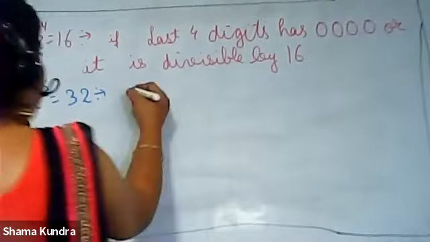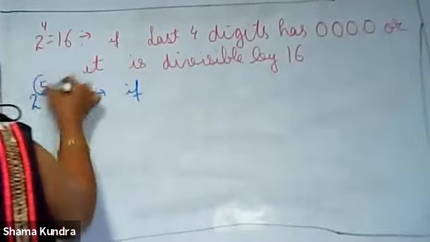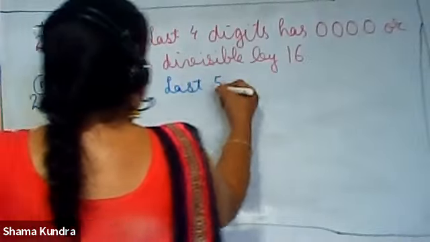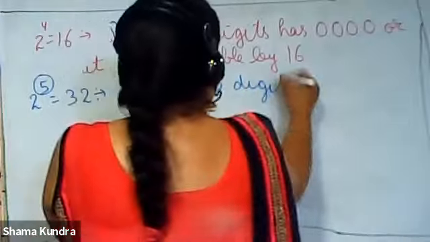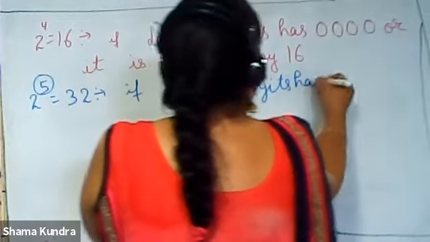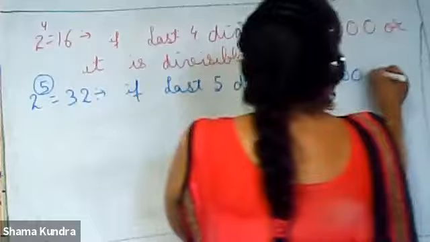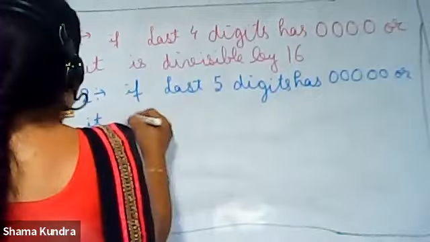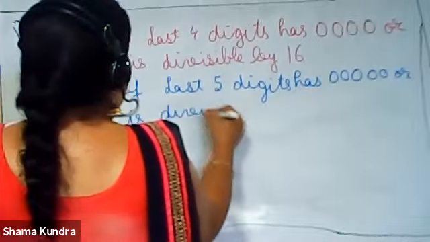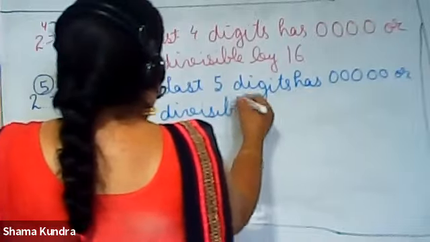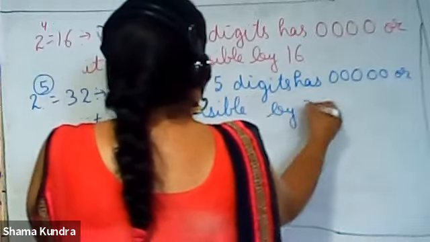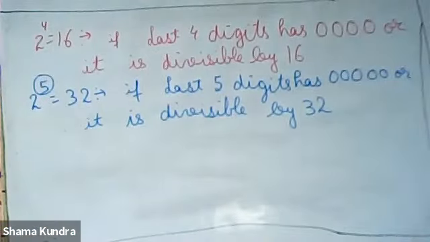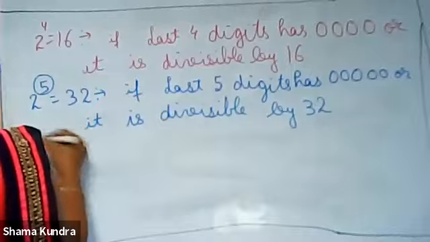A number is divisible by 32 if the last 5 digits have 5 times 0, or if the last 5 digits are divisible by 32, and so on.